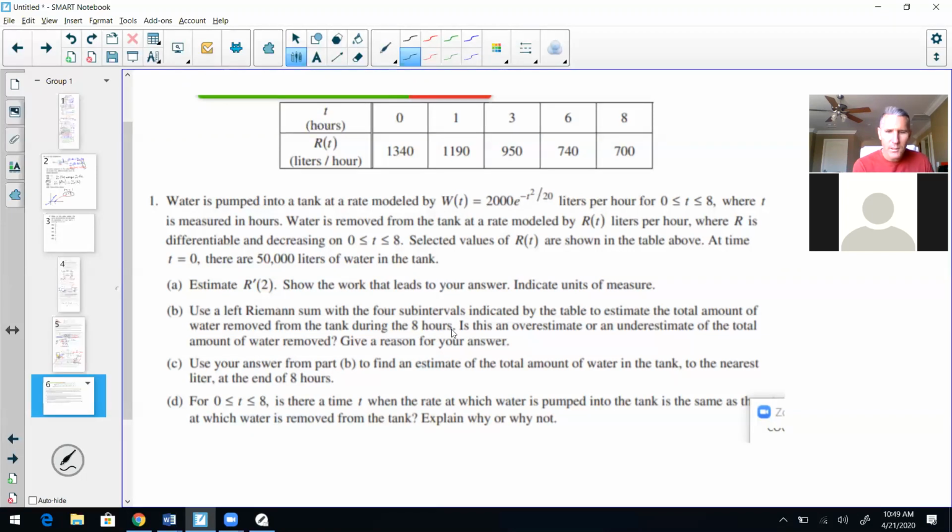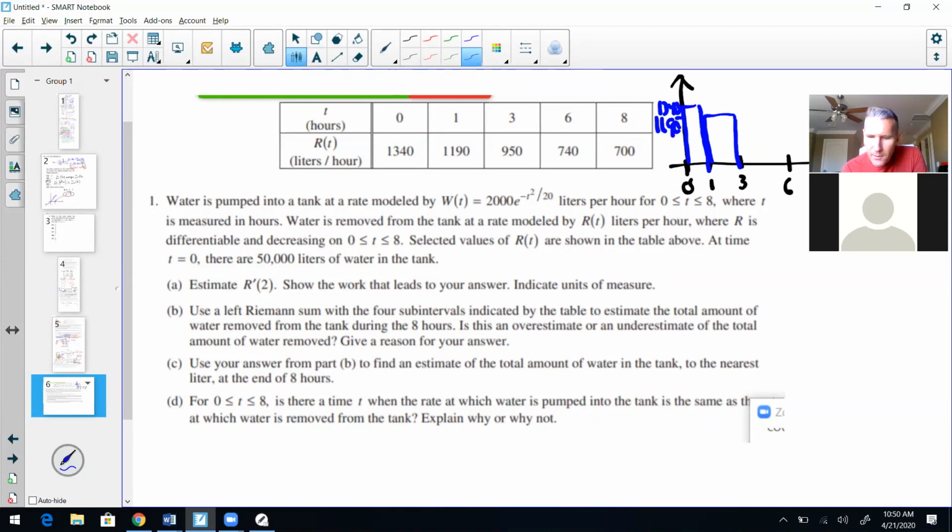Okay, so what we're looking for is, if I were to do this, this is going to be 0, 1, 3, 6, 8. So we go up to 1340, and this would be a left-hand sum. So we go on the left up to 1340, and then at 1, we'd go up to 1190, right?